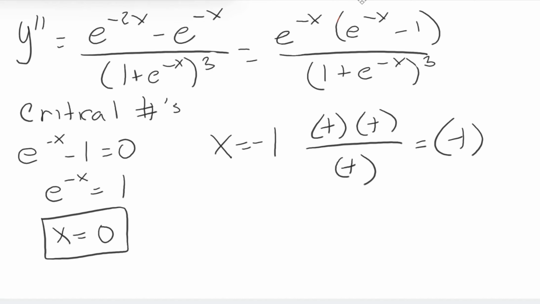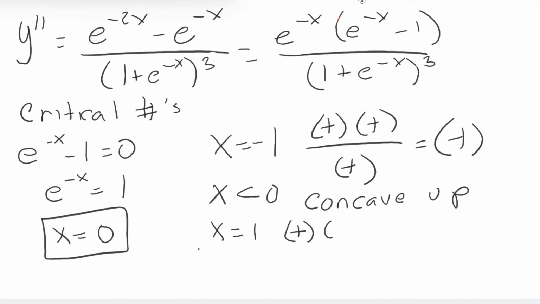So if x is less than 0, it's concave up, because it's positive. Now let's pick the other side. X equals 1. So that's going to be positive.